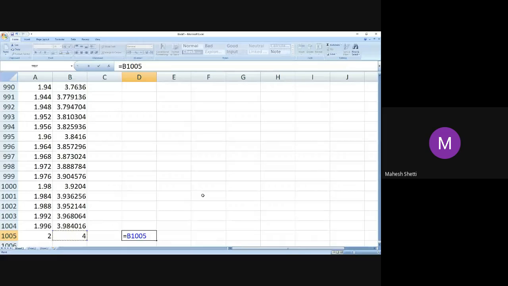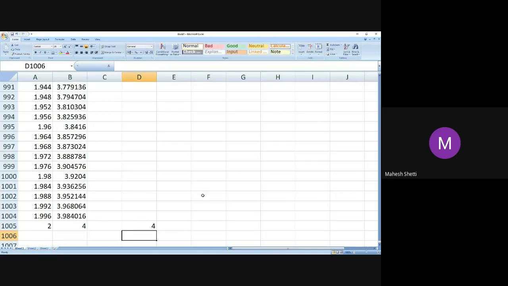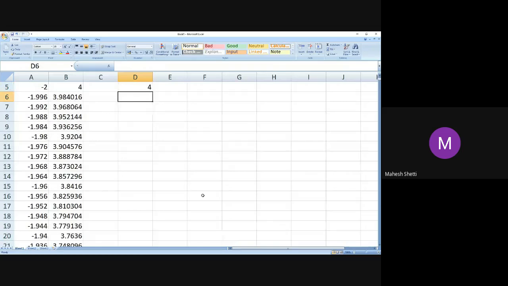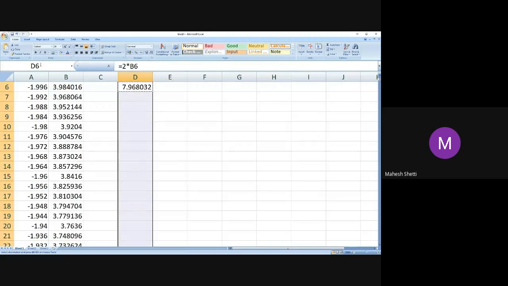So first and last are just the same as the function values. All intermediate values that I want to add will be double. So it is going to be 2 into B6, and I will copy paste this formula in the entire range up to D1004.